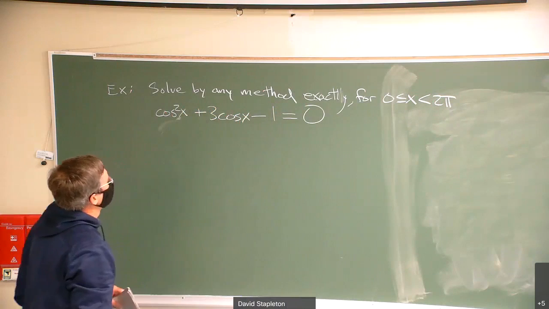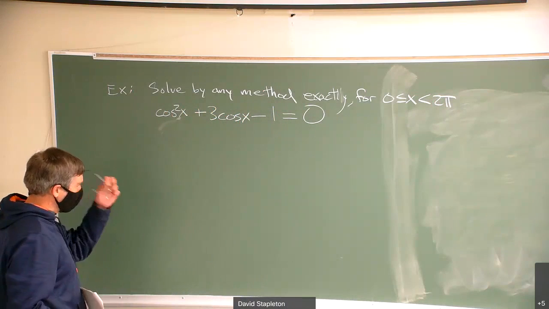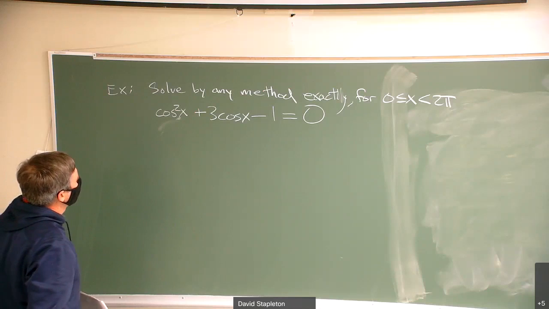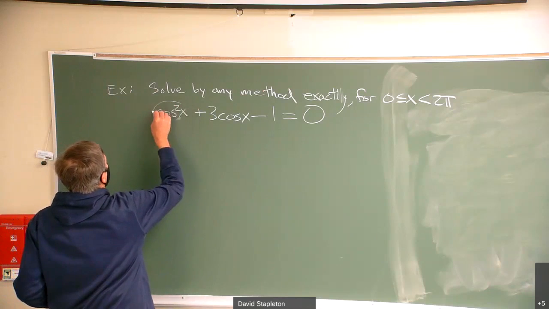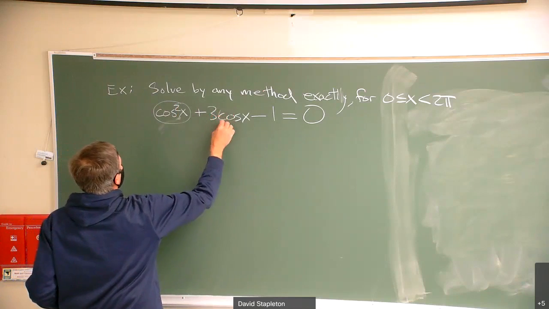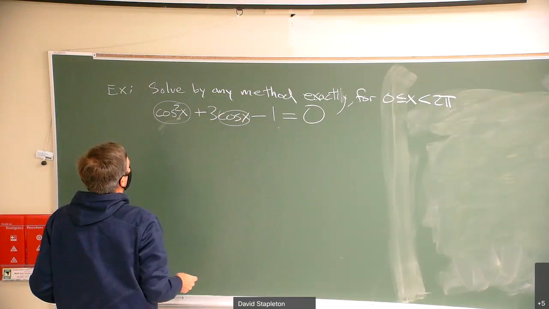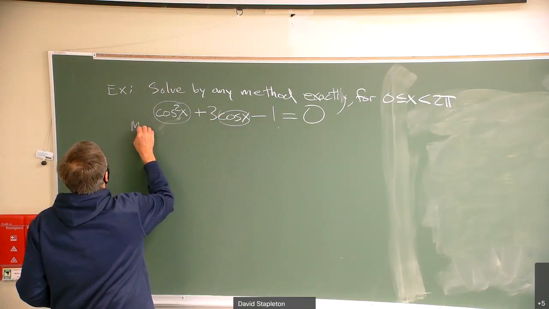How about that one? What would I do with that? Thing to do is just think of those steps. Which method do I use? This is a square of a trig function, first power, and just a constant. This tells me it's a quadratic equation in a trig function, right? So I go to method 3.